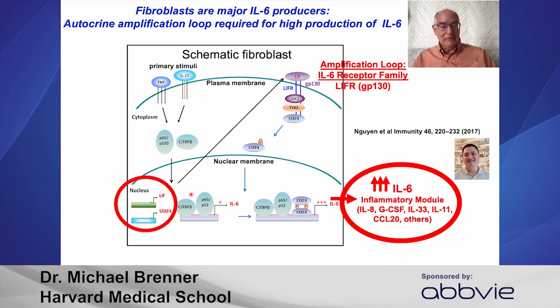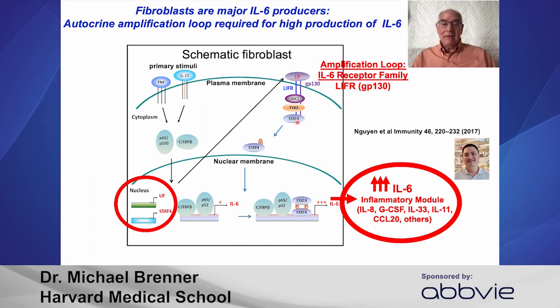But in addition, we found that LIF, leukemia inhibitory factor, and STAT4 were dramatically upregulated in fibroblasts when they were stimulated with several activators. And what we found is that LIF has a cell autonomous or an auto amplification loop because it's secreted by the cell and then binds to the LIF receptor on the same fibroblast.